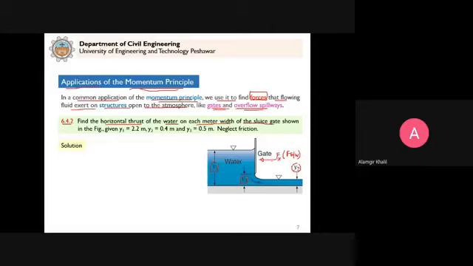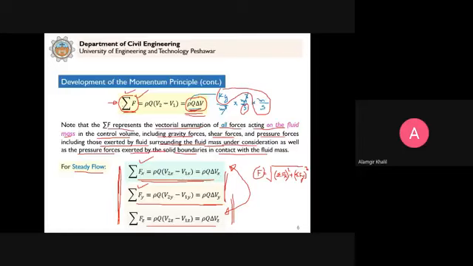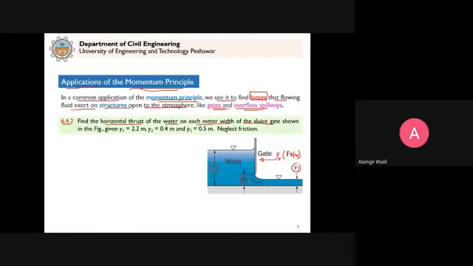This I have to calculate using this equation, the external force, but we are asked to calculate the force of water on the gate. That will be equal and opposite to this. Once we calculate this, the external force on the water, then the force of water on the gate will be equal and opposite to this.